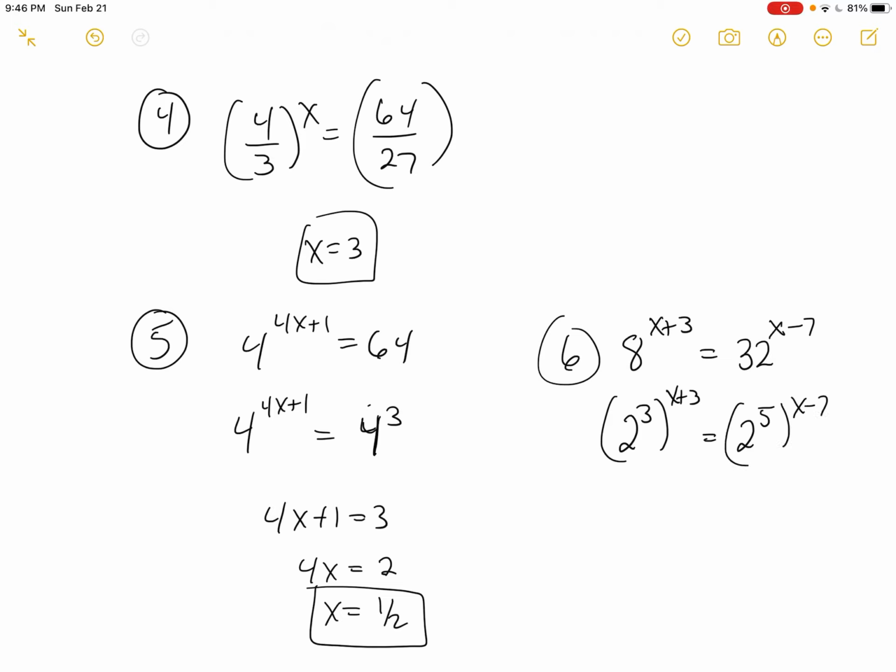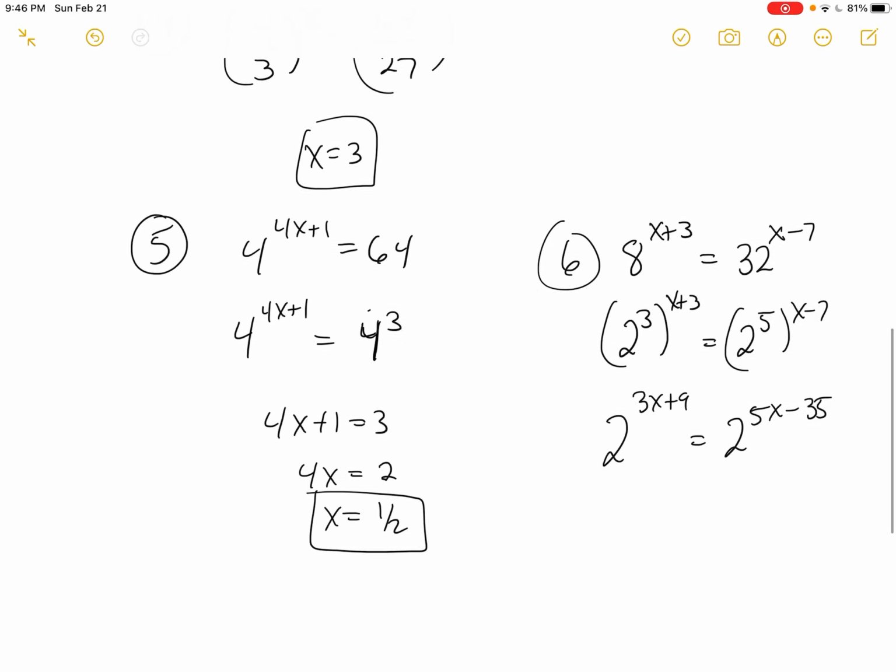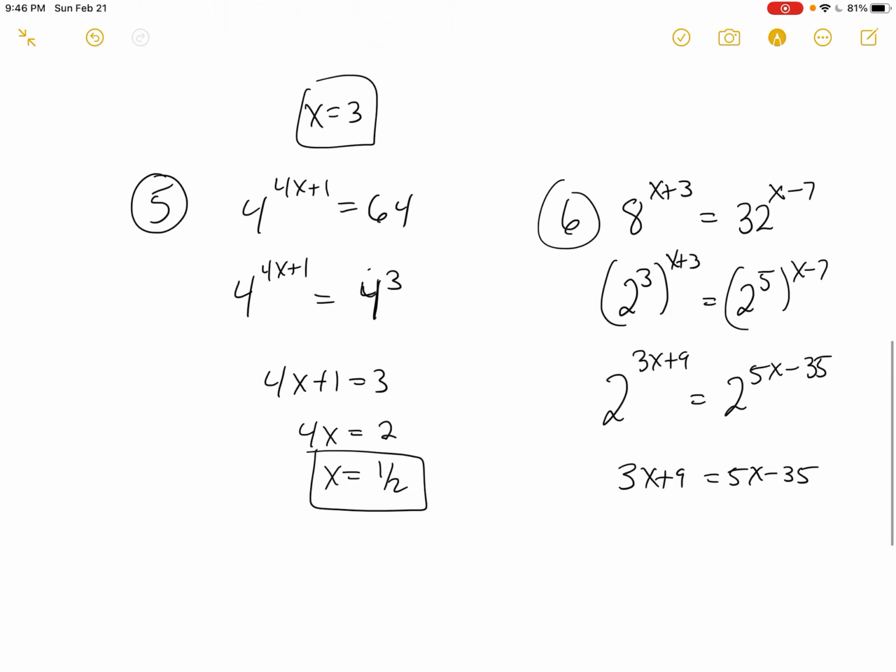What happens when you take something that's being raised to a power and raised to a power? You multiply the exponents. And we get 2 to the 3x plus 9 is equal to 2 to the 5x minus 35. Perfect. So we set the 3x plus 9 equal to 5x minus 35, and we're back to pre-algebra.